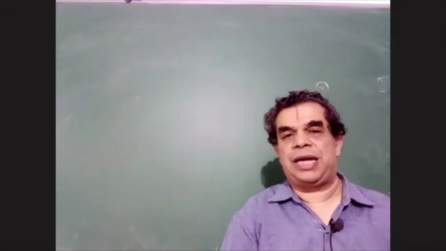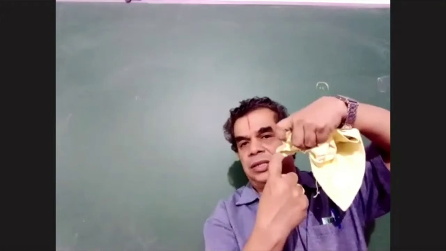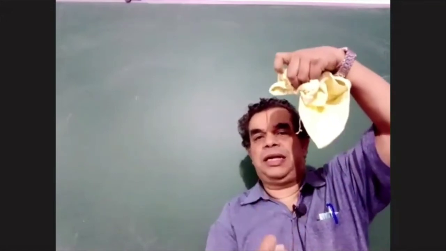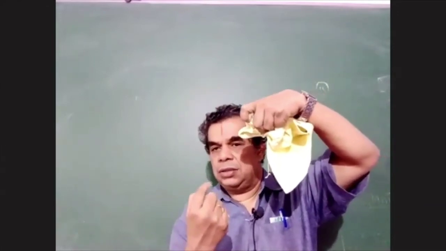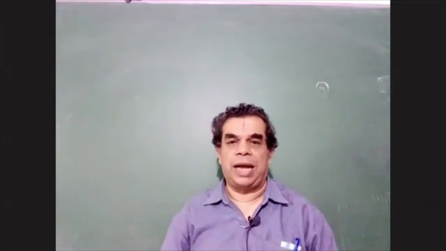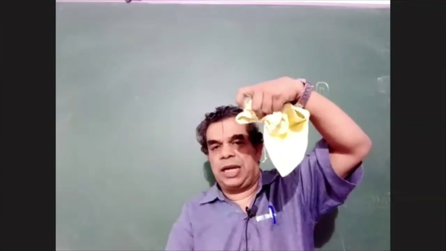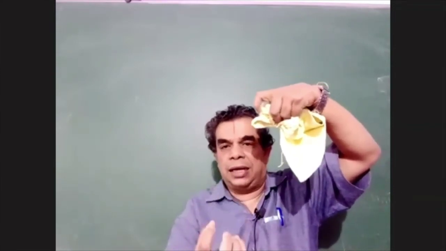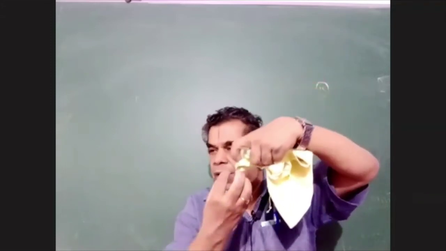For that, imagine a rubber band. Keep it between two fingers and expand it like this. What is the feeling on your hand? Just like what I said in the case of a spring, long back. Once we pull the spring, what is the feeling on the hand which is pulling it? The spring tries to pull our hand back.